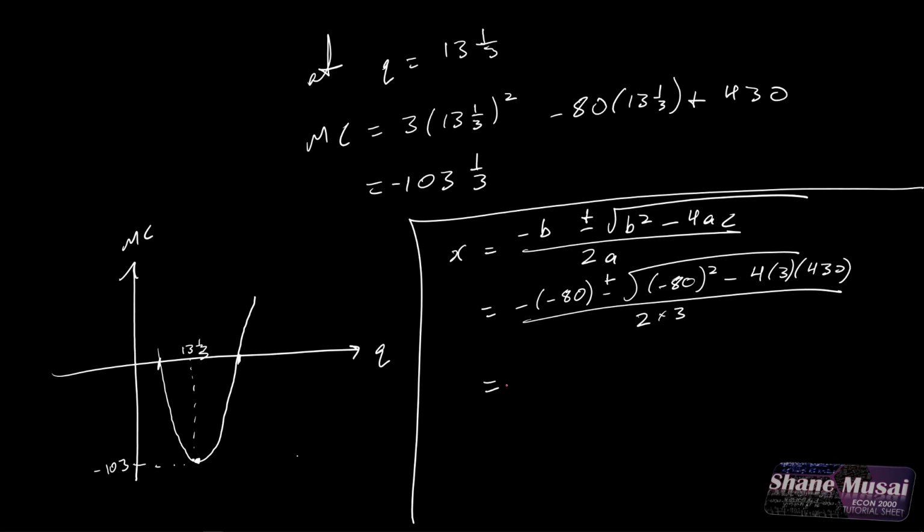When you calculate that, you get two values, one for the plus and one for the minus. Those two values should be 7.46 and 19.20.